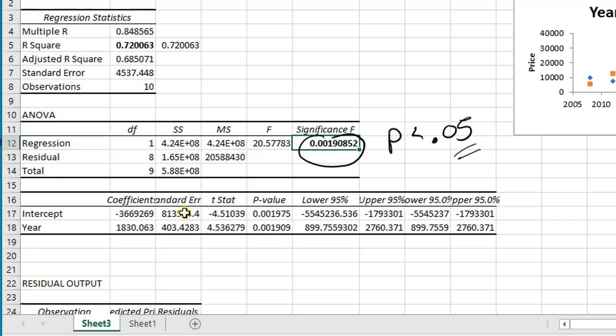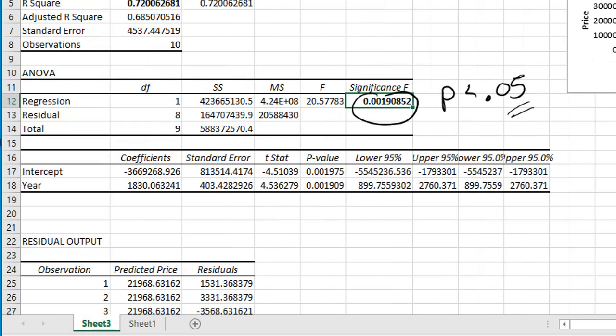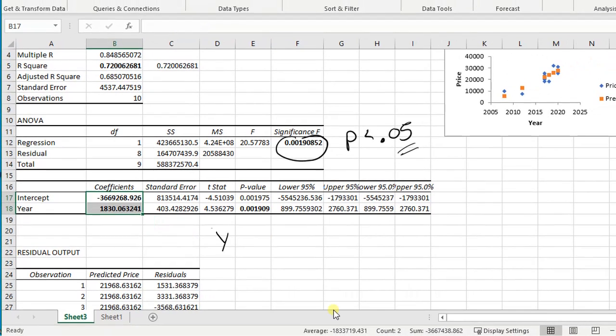Moving down to the next part of this chart, I want us to pay attention to these two numbers. Actually, a little less that one and a little more that one. So, the coefficients. Y equals beta 0 plus beta 1 x.